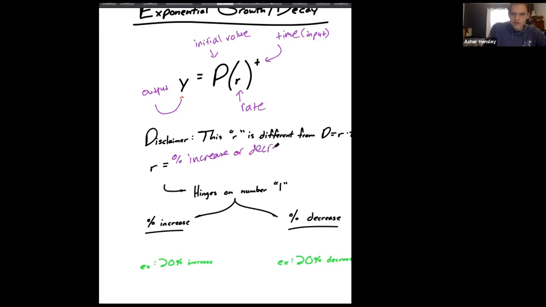And that's because every time we increase or decrease, we're doing that based on the previous value. So in a linear function, if you have like y equals 3x, you're adding 3 every single time, right? But in an exponential function, if you're increasing by 20% each time, okay, 20% of 1 is different than 20% of 1.2. So you're adding a different amount each time.